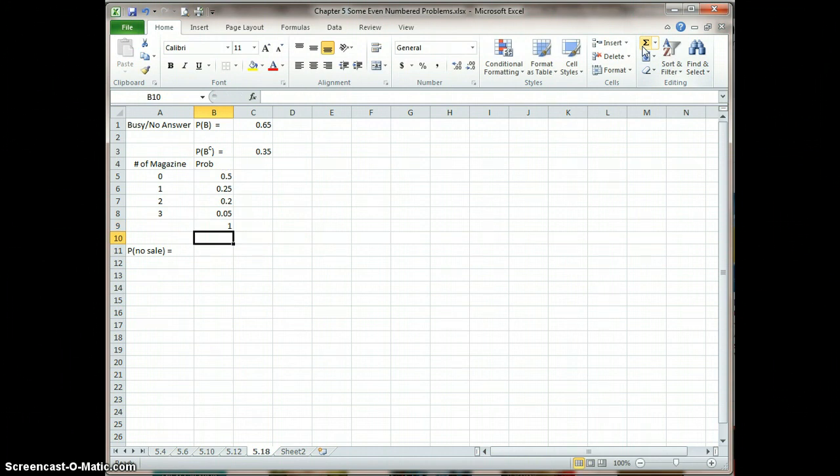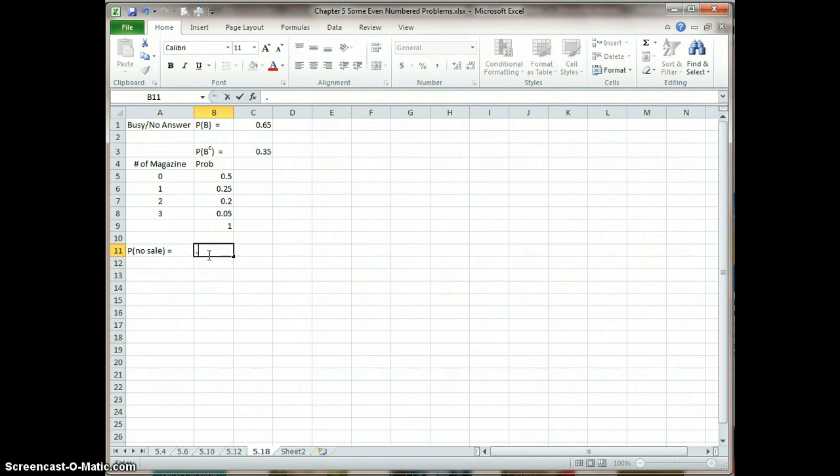It's either going to be, they're not going to make any sale at all, which is 0.5, 1 magazine 0.25, 2 is 0.2, and 3 is 0.05. And again, these probabilities are all part of this 35%. So if we're trying to calculate what the total probability of no sale is, let's calculate based on the fact that contact was made.